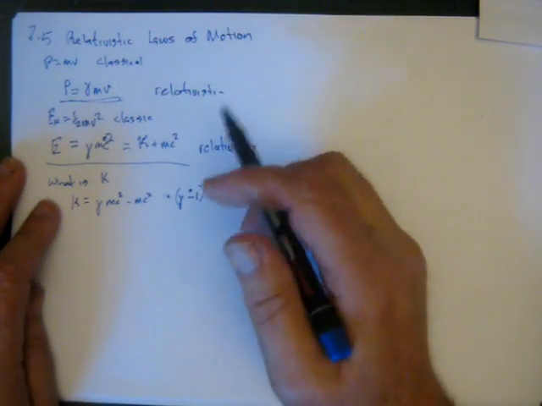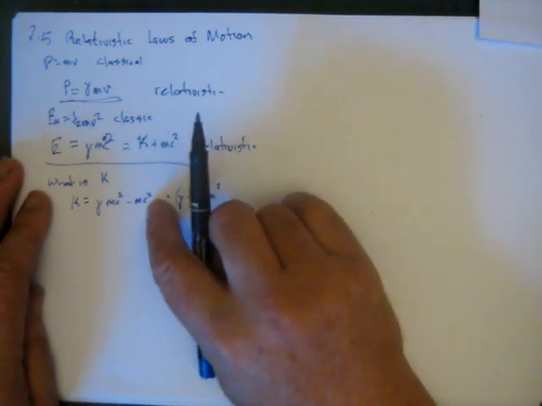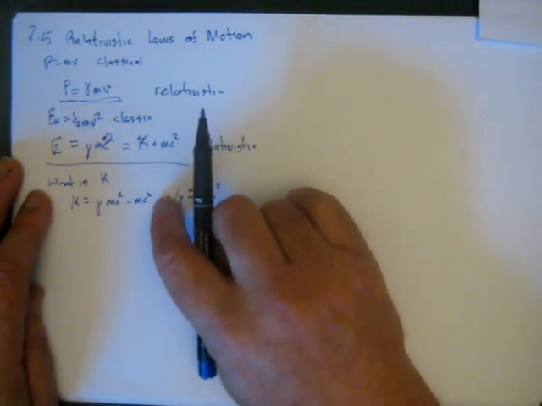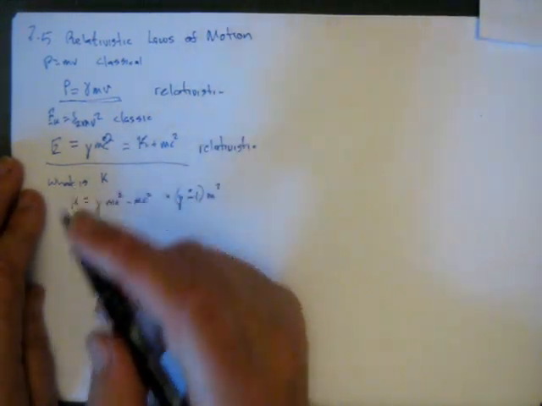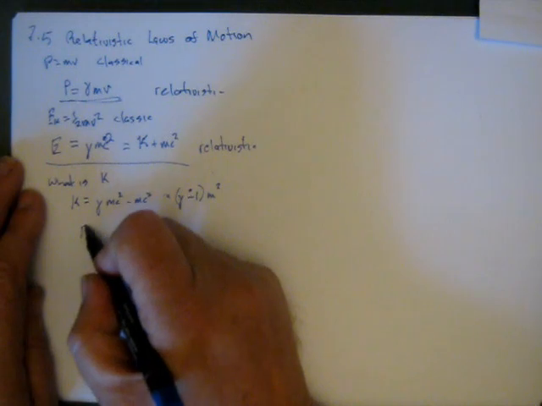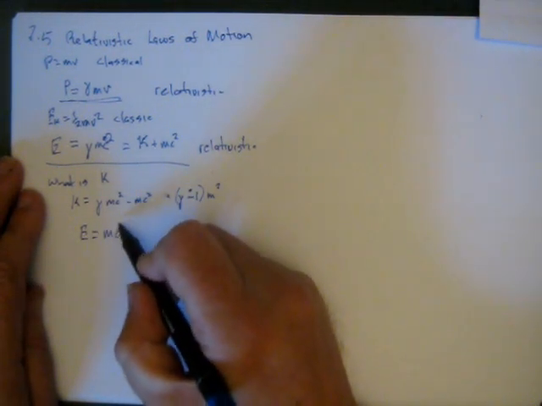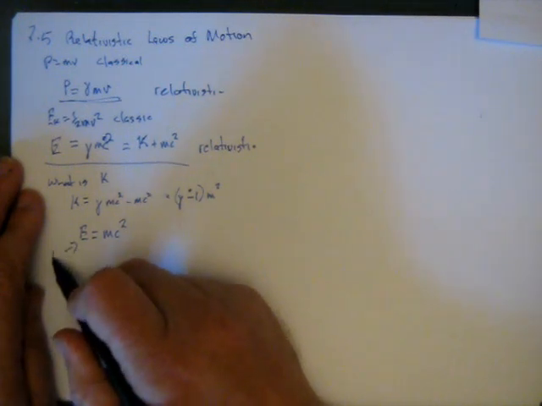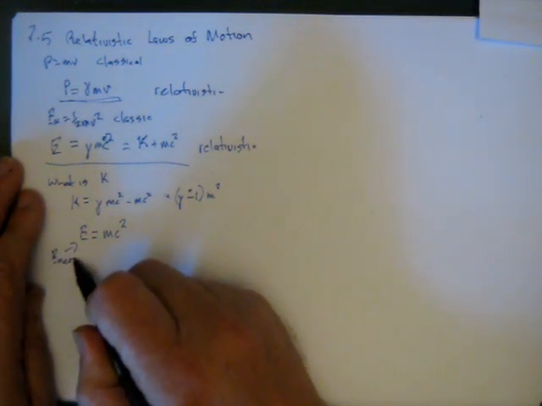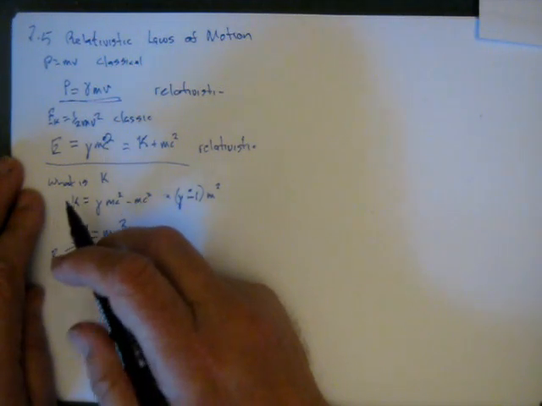Okay, so notice we've got this extra bit here, this mc squared. What's that mc squared all about? Well, the mc squared, this is the classic special relativity. This is probably the most famous equation in the world. E is equal to mc squared. And that's going to be the energy of an object, and that's going to be at rest.